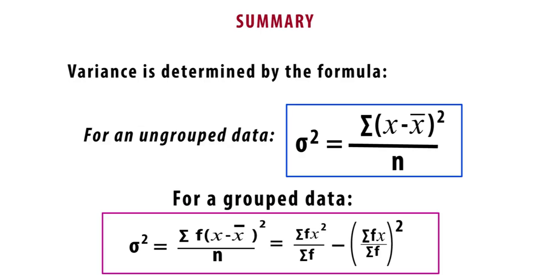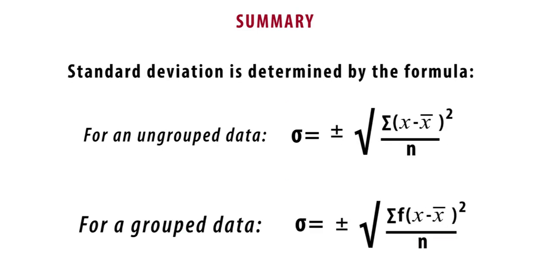You use the appropriate formula depending on the type of data and the information you have. We also said that the standard deviation is the square root of the variance. If you have calculated your standard deviation and want the variance, you square the standard deviation.